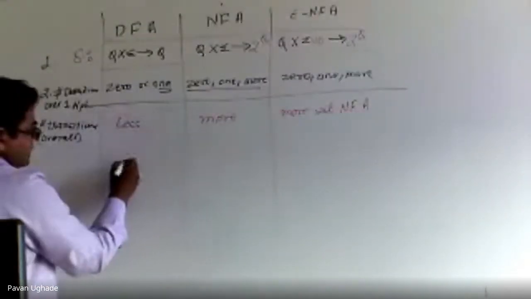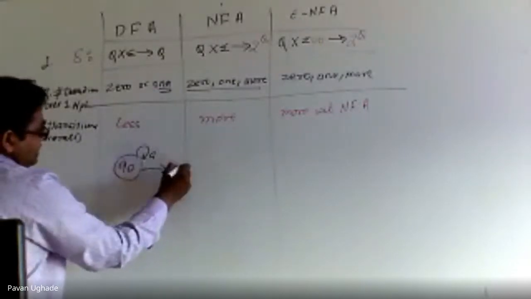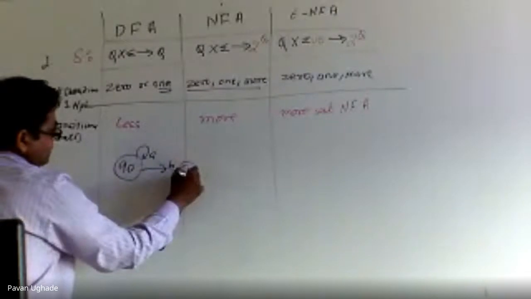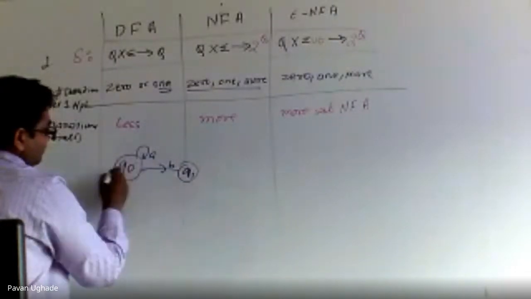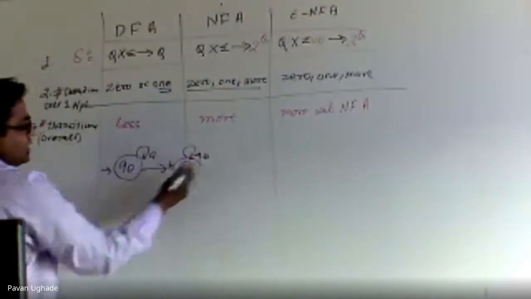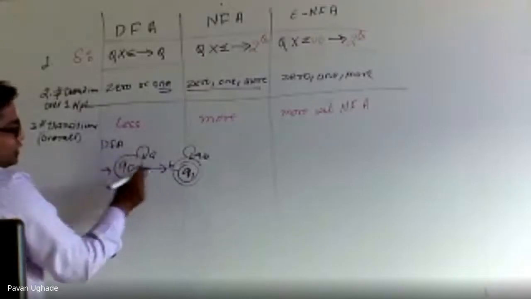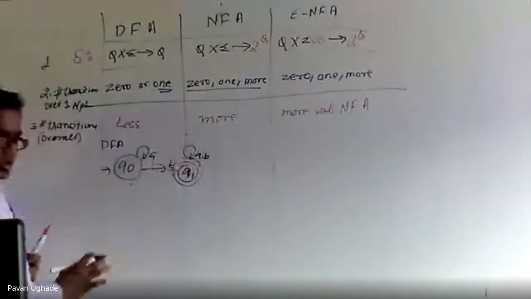Let's consider Q0 over A and over B going to Q1, and here A comma B. This is an example of a DFA. So how many transitions are there? 1, 2, 3 and 4.